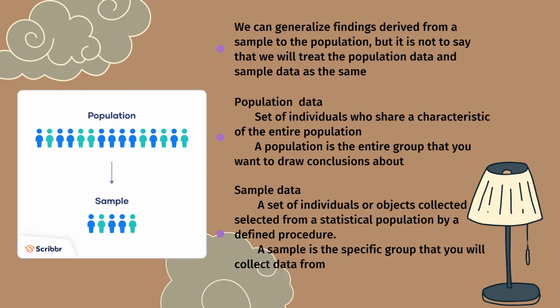A population is the entire group that you want to draw conclusions about. Sample data is a set of individuals or objects collected and selected from a statistical population by a defined procedure. A sample is the specific group that you will collect data from.